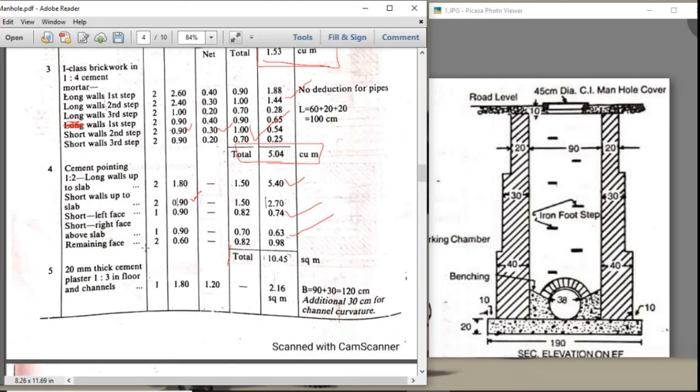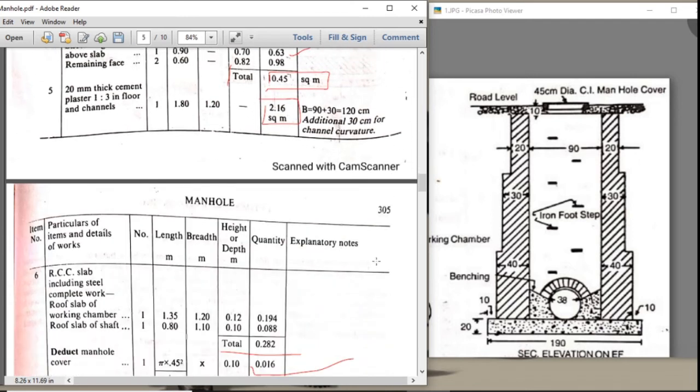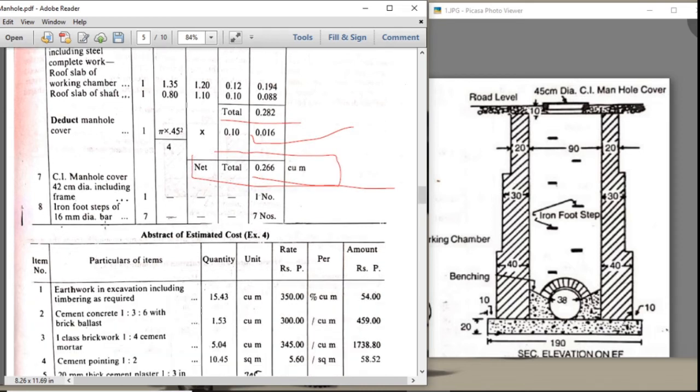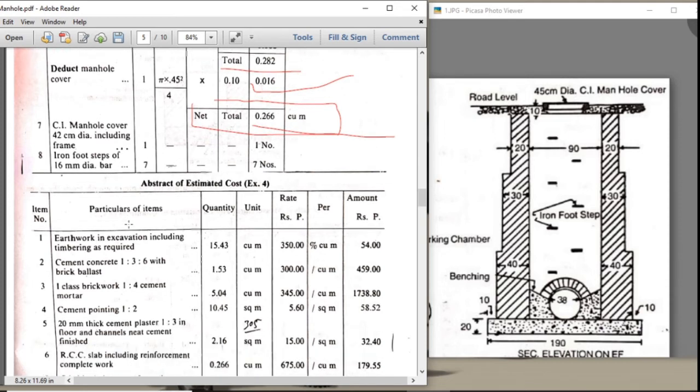Cement pointing work 10.45 square meters. Next, 20 mm thick cement plaster 2.16 square meters. Next, RCC slab including the steel complete work, we got the net total as 2.66 cubic meters. Next, manhole cover of 42 centimeter dia including frame, that is one number. Iron footsteps are 7 numbers.